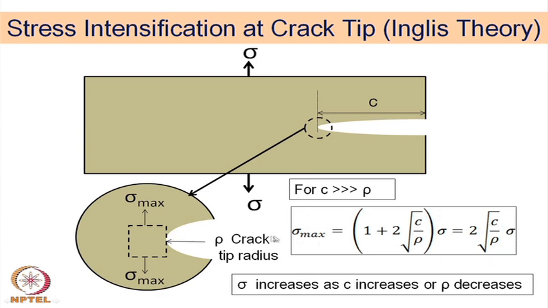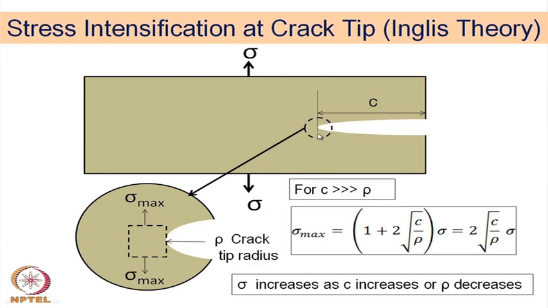Okay. So, sigma max equals 1 plus 2 root over c by rho, into sigma. Okay. So, this sigma is the externally applied stress, and this sigma max is basically the stress experienced by this portion of the solid just ahead of the crack tip.